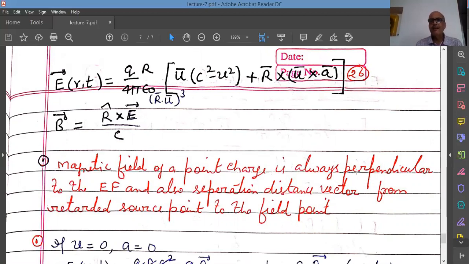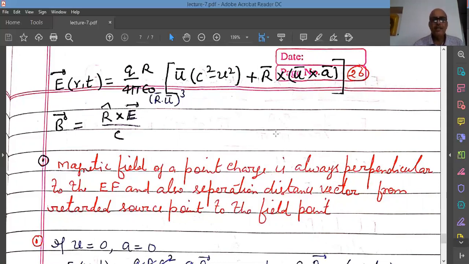So those things are taken care of even if we are considering the expressions for E and B in terms of the retarded position. The two expressions which we have calculated in terms of retarded position still maintain the behavior exhibited by electromagnetic vectors, as E and B are perpendicular to each other, and they are also perpendicular to R. So it is a transverse electromagnetic field. The same thing we are getting here also.